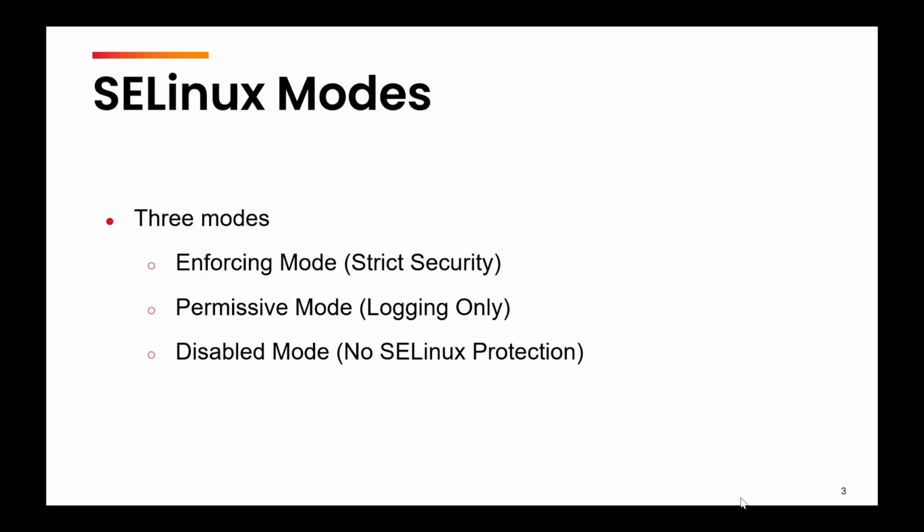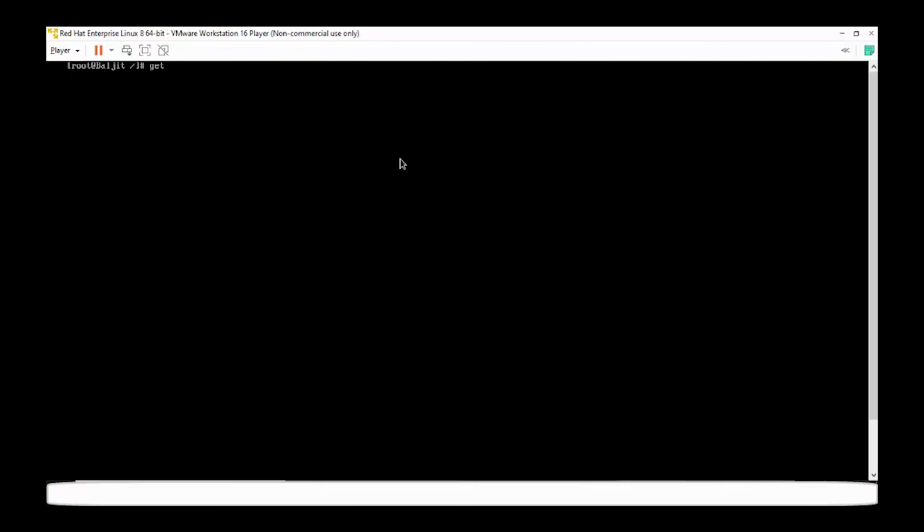We will use the setenforce command to switch between the permissive and enforcing modes. Now let us see practically how to switch between the various SELinux modes. If you use the getenforce command, it will show you the current mode. So current is enforcing. If you want to change it, setenforce is what you need to use.